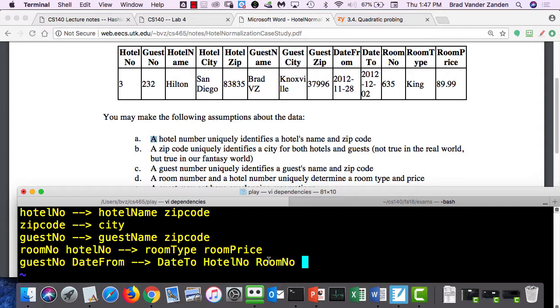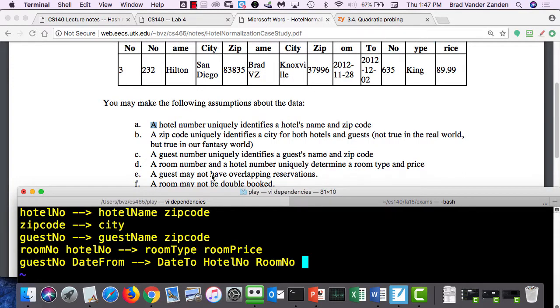Now, this is where it gets a little tricky on a test. This isn't the only functional dependency that you can get from E. A guest may not have overlapping reservations. Can you think of the other functional dependency I can get from E?